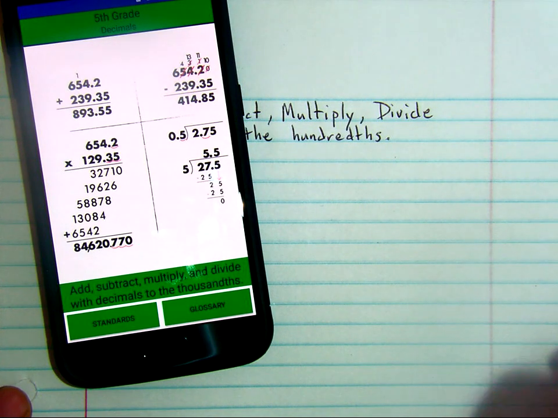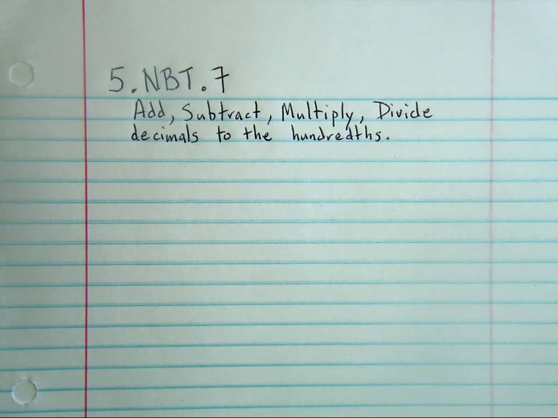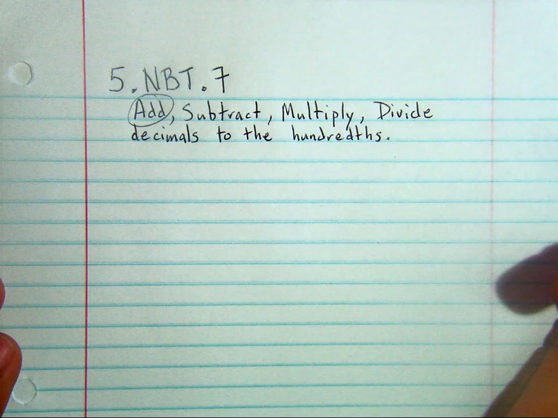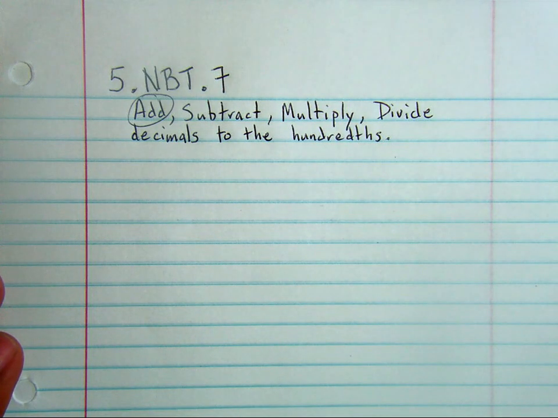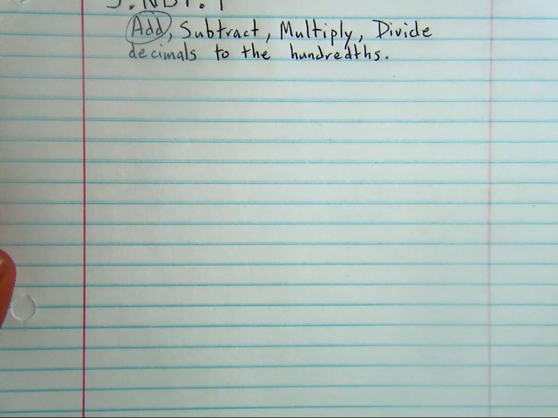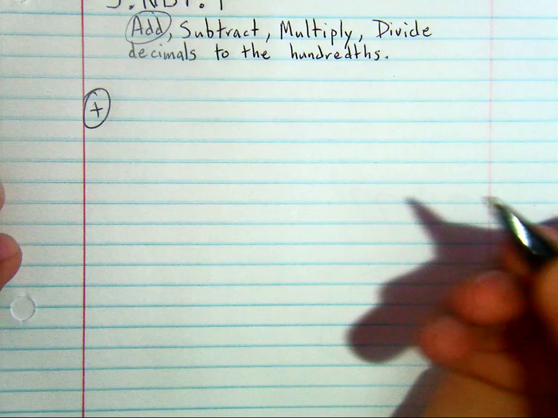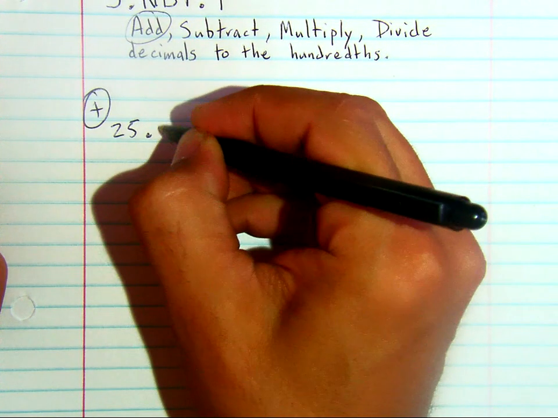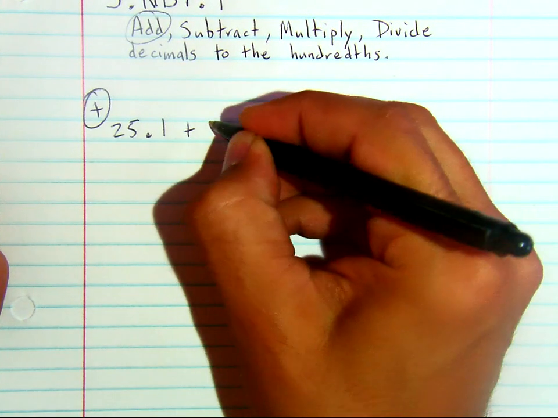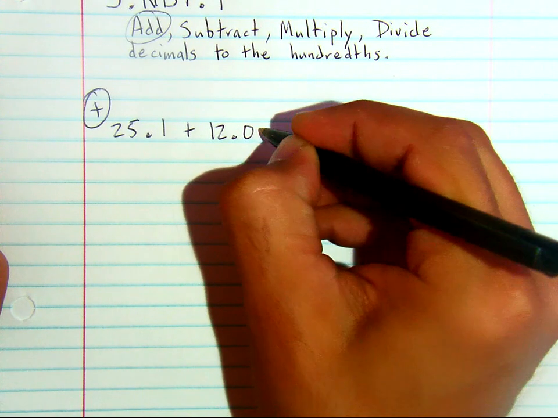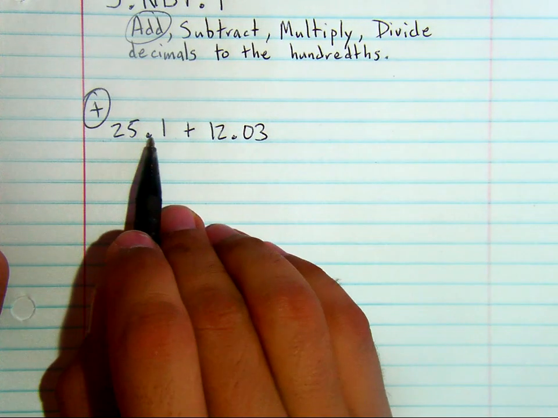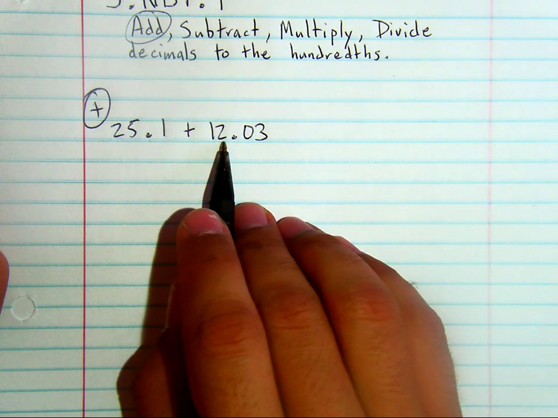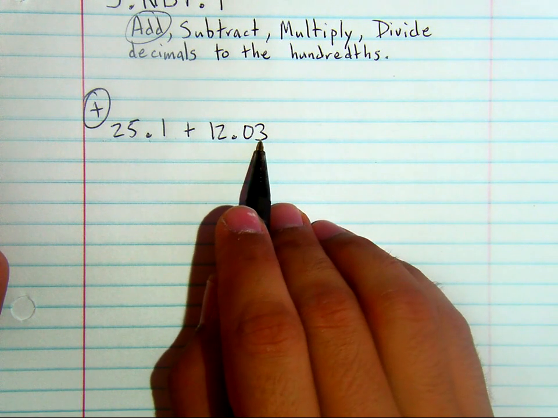So, let's take adding. Let's look at adding decimals to the hundredths. So first and foremost, if you are given two numbers like 25.1 plus 12.03, so that's 25 and 1/10, and you're adding 12 and 3/100.